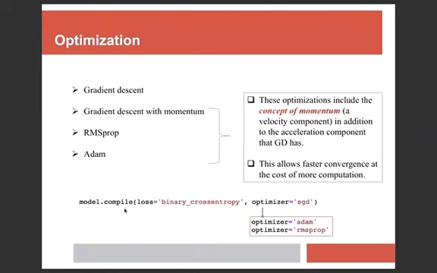All these three optimizers can be used directly in Keras by assigning the optimizer parameter in the compile function to others. Like we can write here optimizer equal to Adam, and then we will use Adam for the backpropagation optimization.